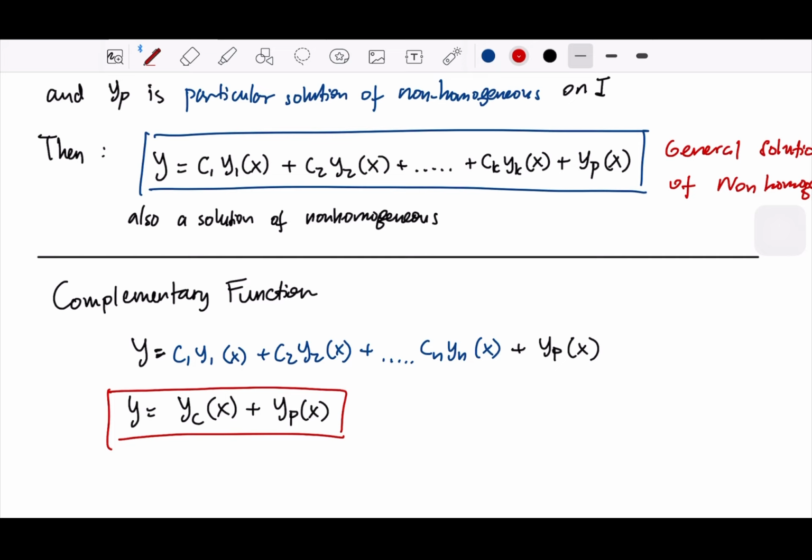The second thing is finding the particular solution. So first, make it homogeneous, find yc, then find yp, and then we can arrange the solution. So this becomes the general solution.